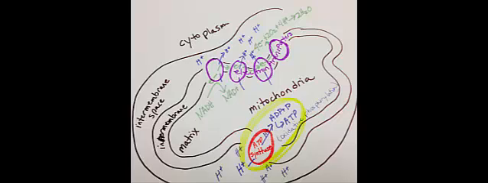Now remember that every time we build a gradient, molecules will want to move back to a place of lower concentration. They're going to be able to do this through a molecule called the ATP synthase.